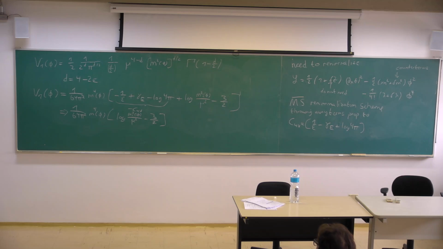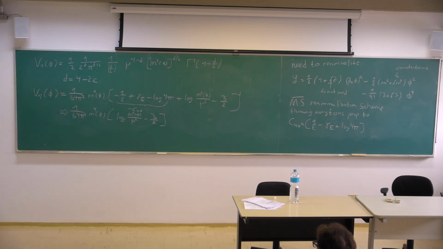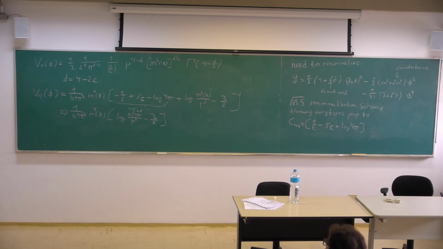Okay, so we are there. This is the formula I promised to you in the beginning, after going through a lot of painful steps, defining the effective potential, and now calculating this loop integral, evaluating it and renormalizing, and that's what we get.